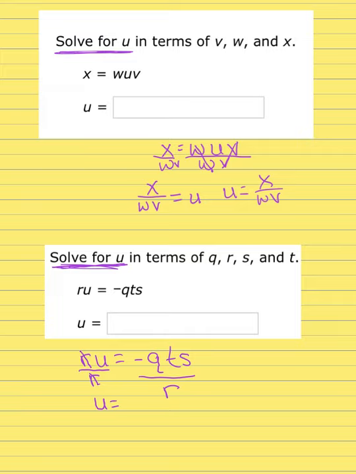So I'm literally just going to write down what it says. Negative q t s divided by r. And that is my answer. And if you see, it already has u equals, so I'm just going to put in the negative qts divided by r is what goes in my answer space. Okay.